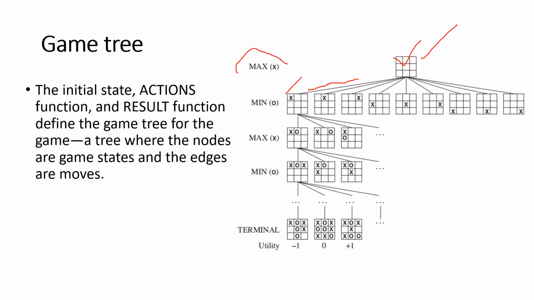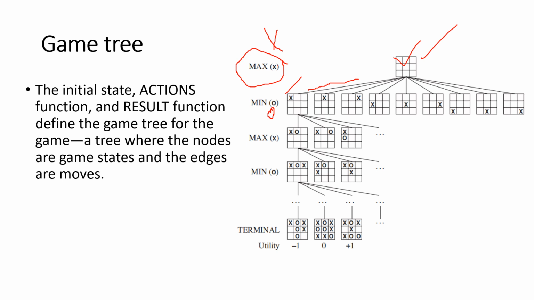The player can be represented as MAX, with X. That means MAX will mark X on the board, and the opponent is MIN, who will put an O on the board. So the game starts at the root node, and MAX plays first and uses the symbol X.